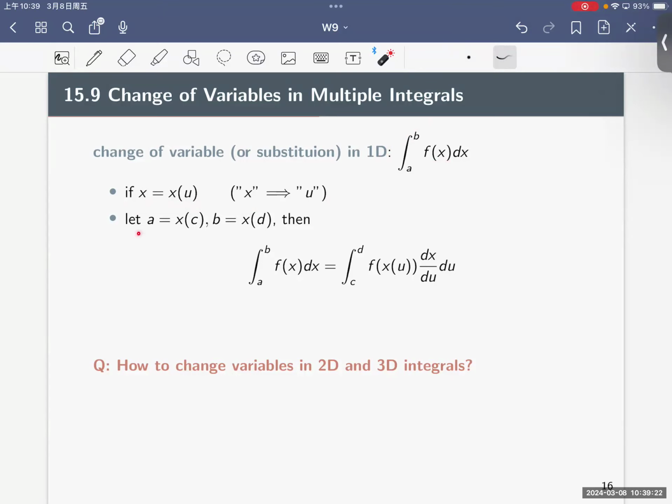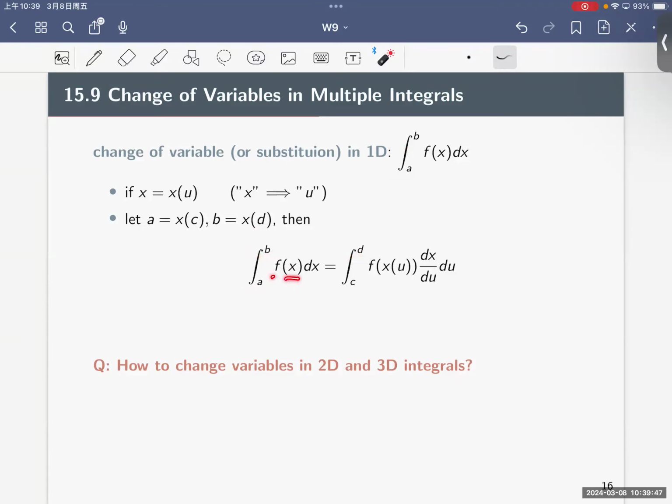When x is equal to a, the lower limit, u is equal to c. When x is equal to b, u is equal to d. Then the same integral can be written as an integration from c to d. They're the values for u when x takes those two values a and b.